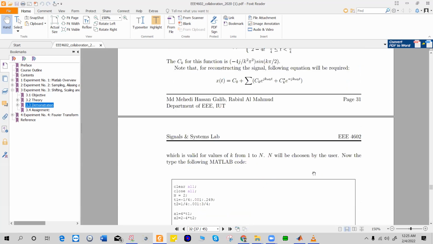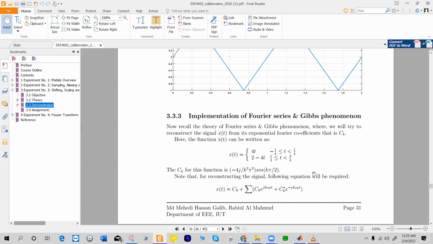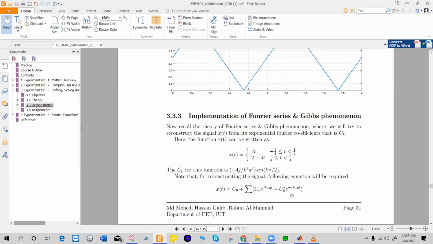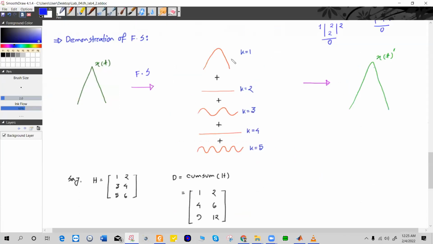I'm repeating again. At first we'll plot the signal x t, and then using this equation, for different values of k, we'll see what the response is, that is, how the signal looks for different frequencies: k equal to 1, k equal to 2, k equal to 3.